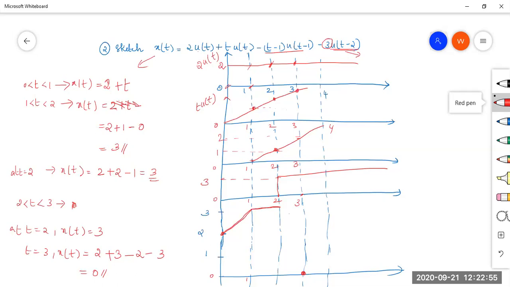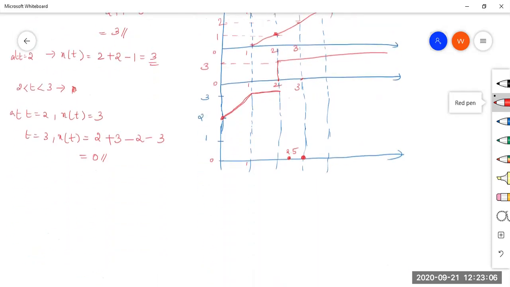Now we will see what is the value in between somewhere, between 2 and 3, we take 2.5. So at 2.5, what is the magnitude of the signal? We will see. Now at t equal to 2.5, x of t will be equal to, again for the first signal the magnitude remains the same. For the second signal it will be 2.5.